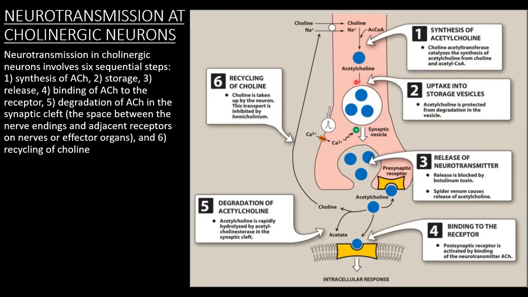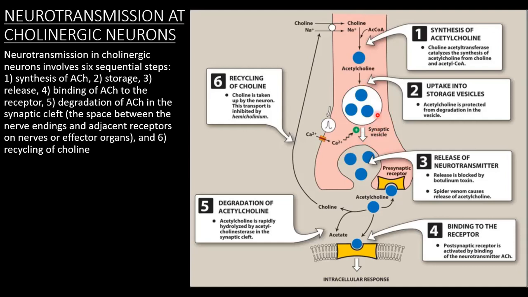Please don't confuse the vesicular amine transporter with the vesicular monoamine transporters, which are found in the adrenergic neurons. The vesicular monoamine transporters, VMAT, are usually inhibited by reserpine. But in this case, VAT, the vesicular amine transporter, is inhibited by vesamicol.